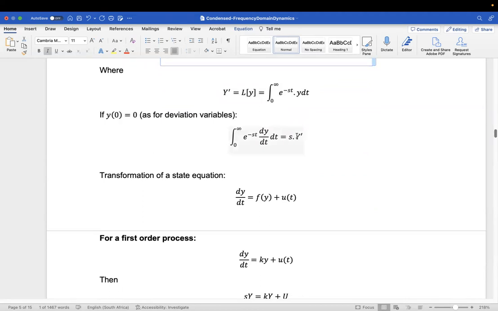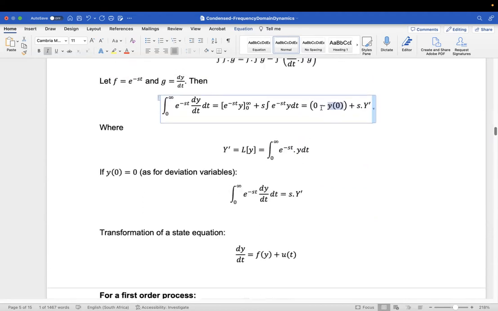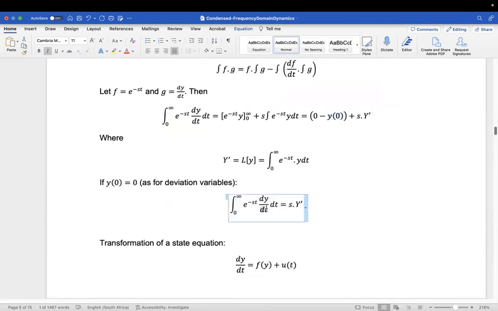And this is why Laplace transformations are so powerful, that operations, calculus operations like differentiation can often be translated to almost algebraic operations only. So instead of ending up with a derivative, some kind of operator here, we end up with just s times.